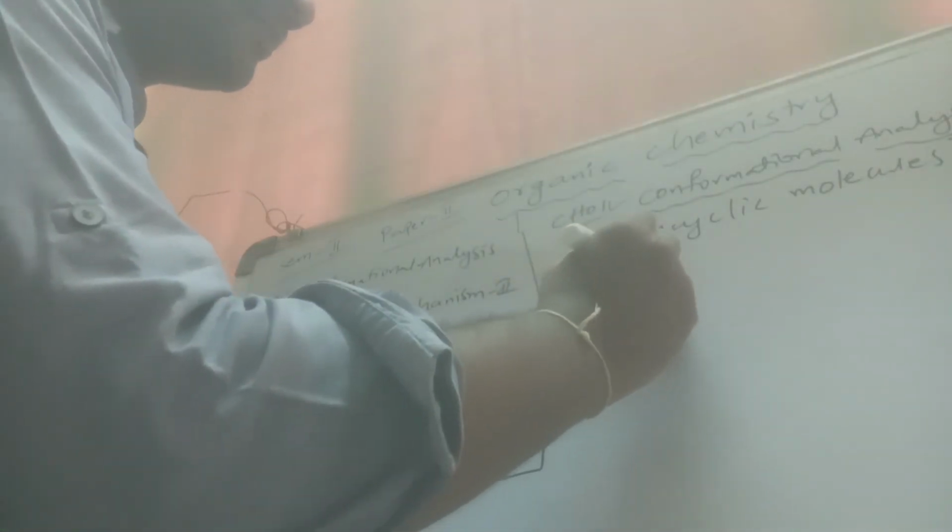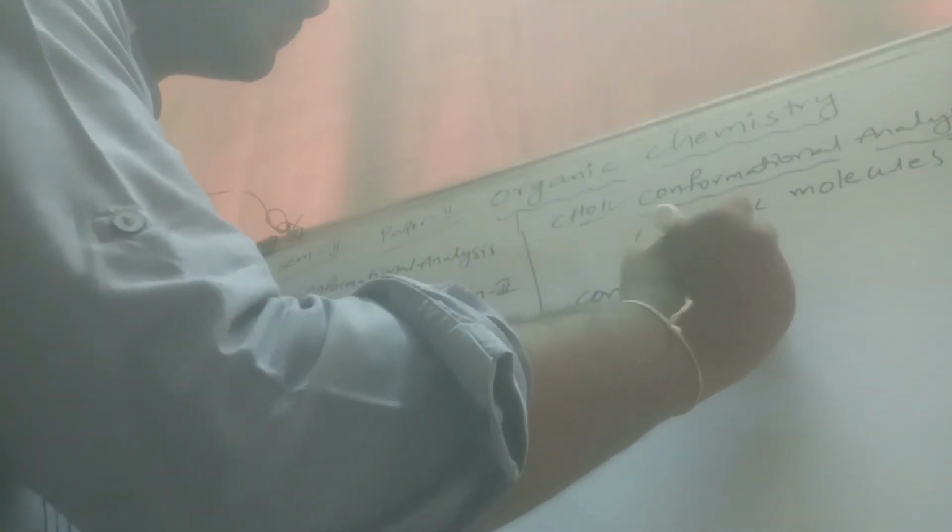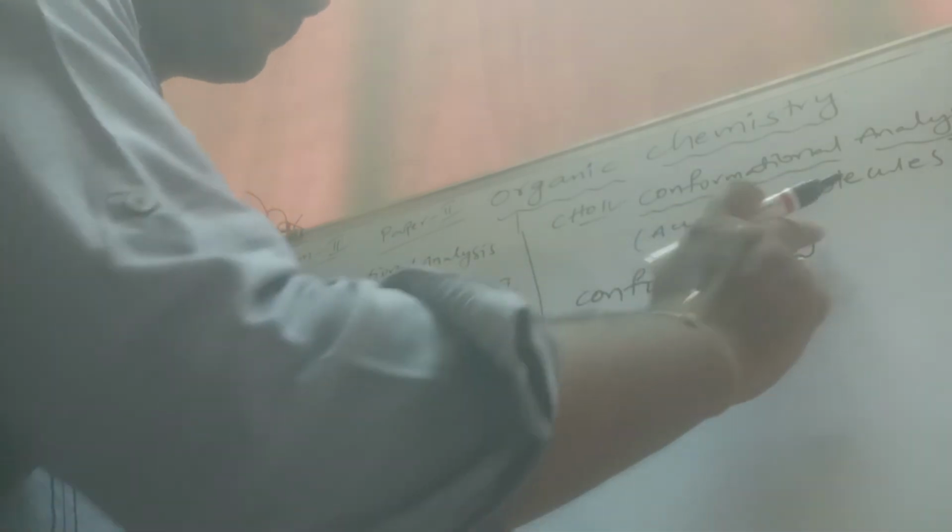Here, we discuss in semester 2 the acyclic compounds, or acyclic molecules, having conformational analysis. Before going to the discussion about conformational analysis, what is a conformation and what is a configuration?